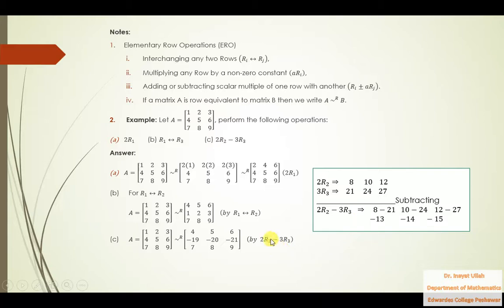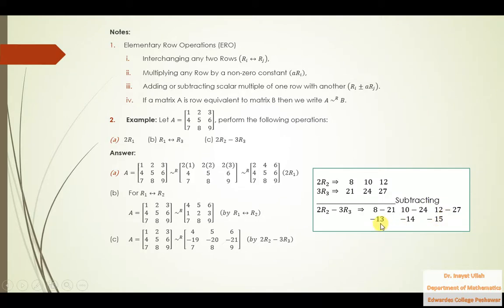And lastly we need to subtract these two. Subtracting 2R2 minus 3R3 gives 8 minus 21, 10 minus 24, 12 minus 27, and this is the required result. 8 minus 21 is minus 13, 10 minus 24 is minus 14, and 12 minus 27 is minus 15.